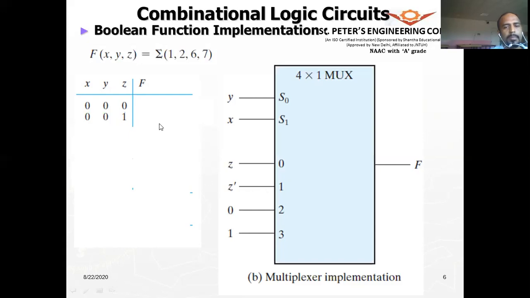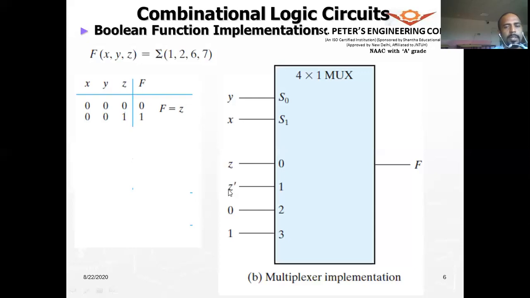We are not considering the z complement here. So we are just looking at the function. When z is 0, F is 0, and when z is 1, F is 1.